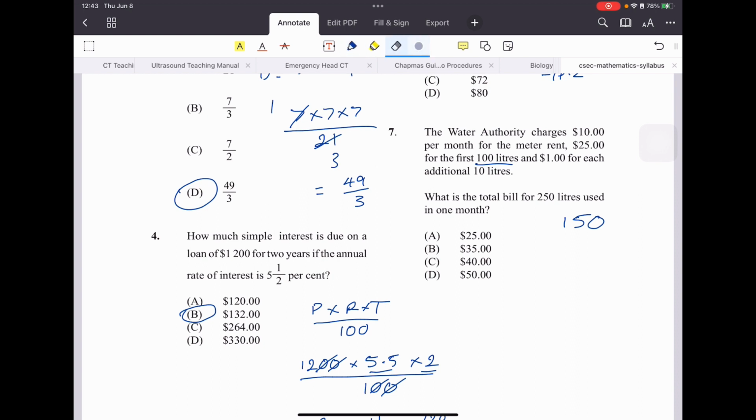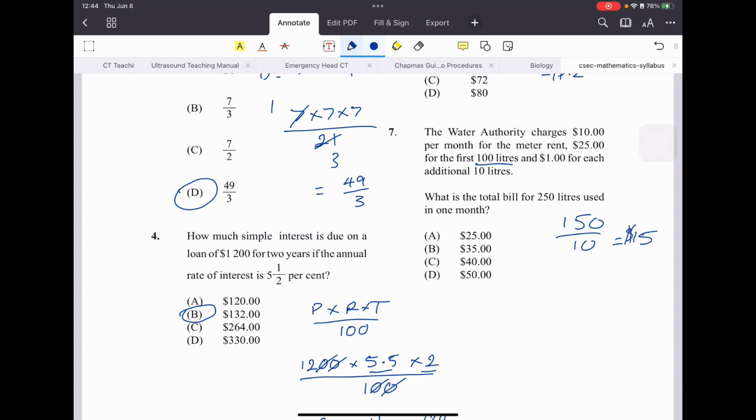So we divide 150 by 10 to get 15. You have 15 additional 10 liters to make 150, and you'll be paying $1 per additional 10 liters, so you'll be paying an extra $15 there.